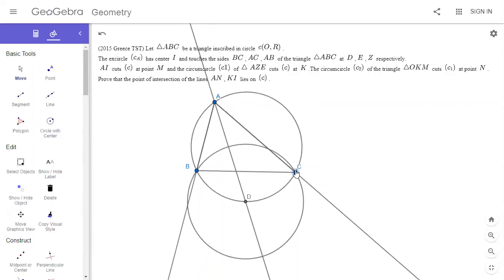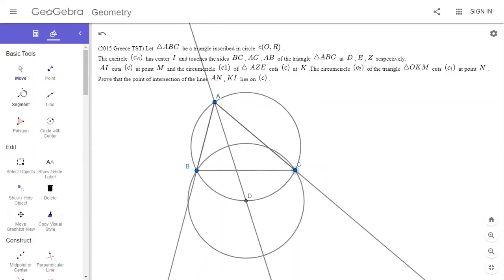Let's shrink things a little bit. That's the excenter. That's the incenter. Here we have our excircle. All right.